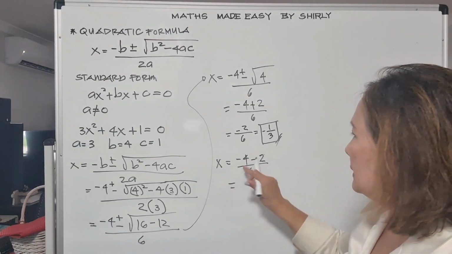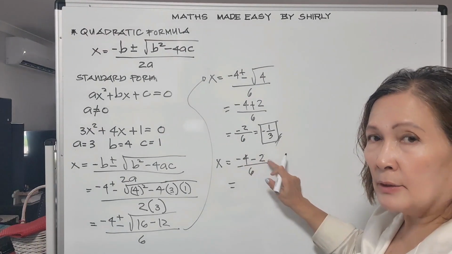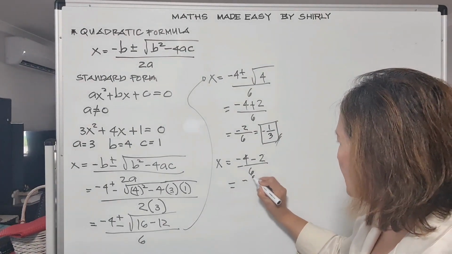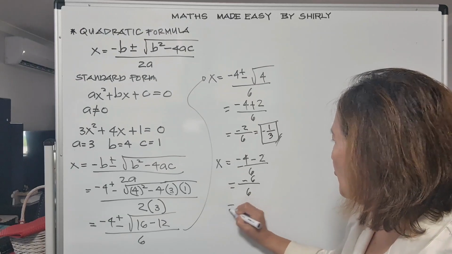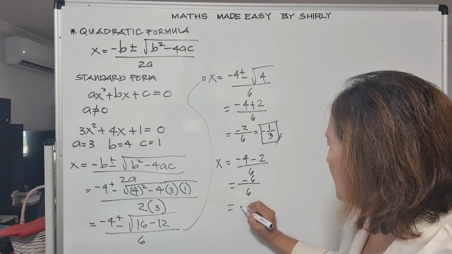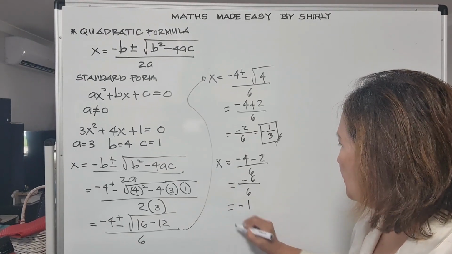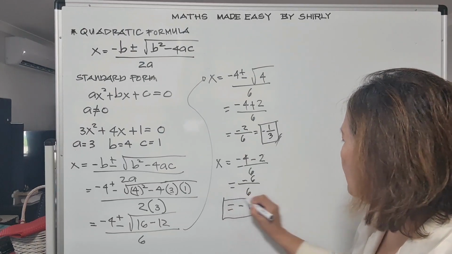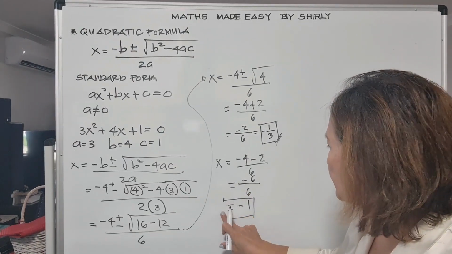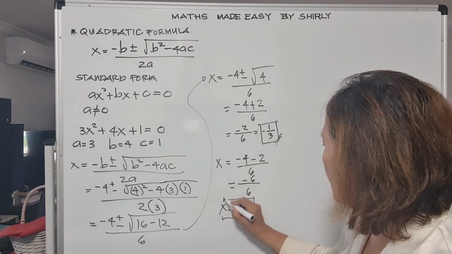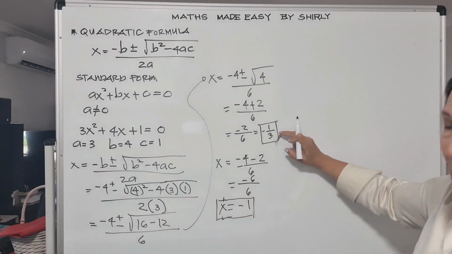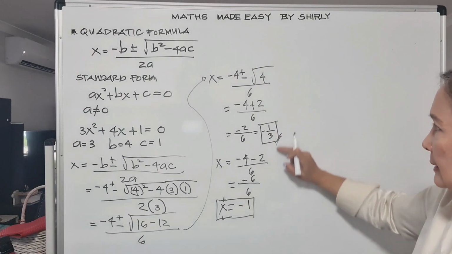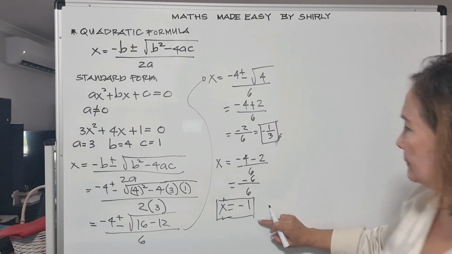So we have negative 4 minus 2, that is negative 6 over 6. And therefore, x is equal to negative 1. So we have two values of x. Again, this is negative 1/3 and negative 1.